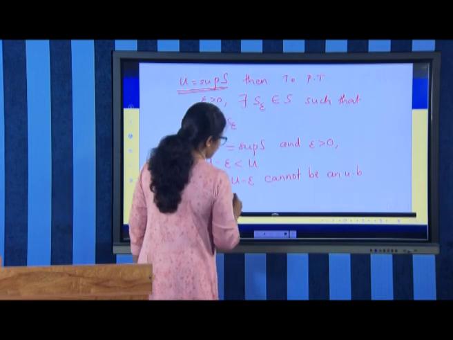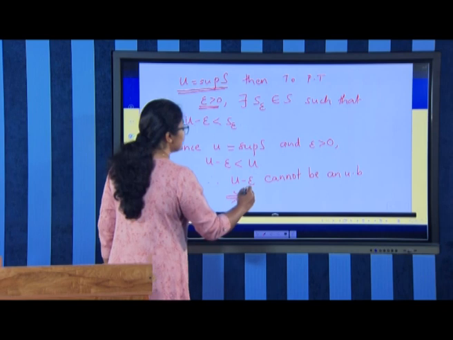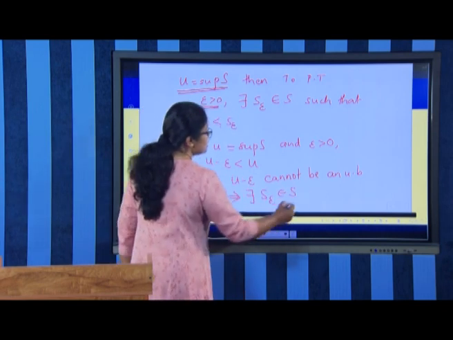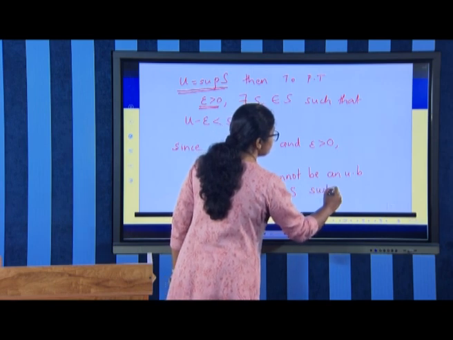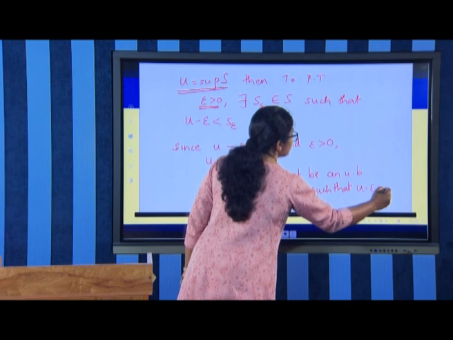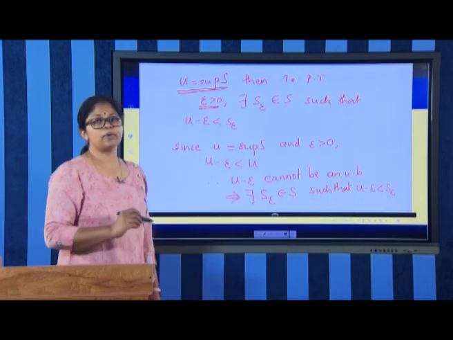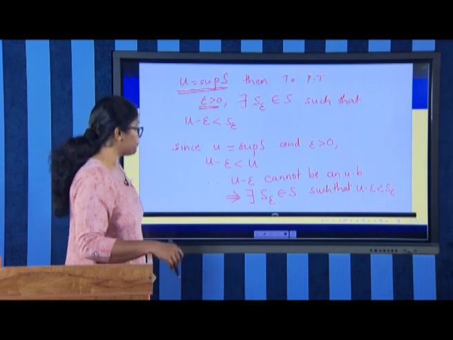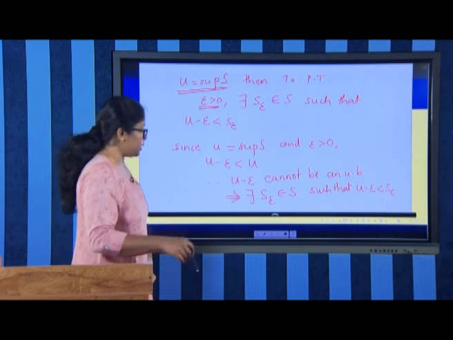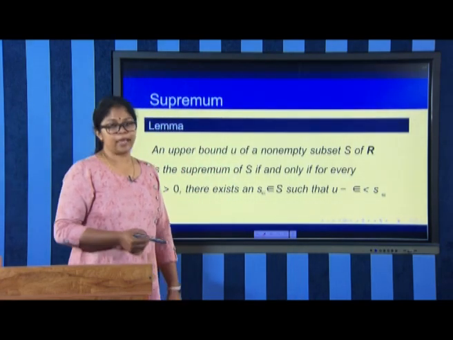This indicates that there exists at least one element S epsilon of S such that u minus epsilon is less than S epsilon. That means u minus epsilon is not an upper bound. So, that is what is required to prove. This completes the proof of the lemma as well.